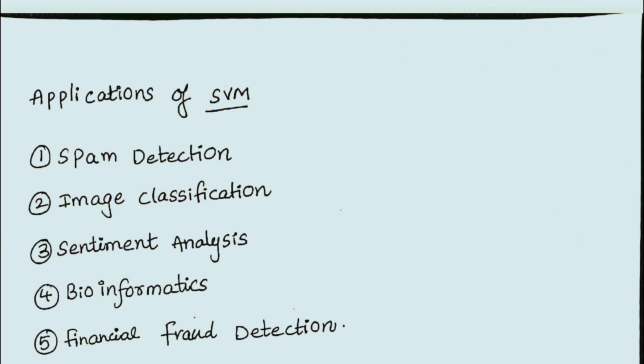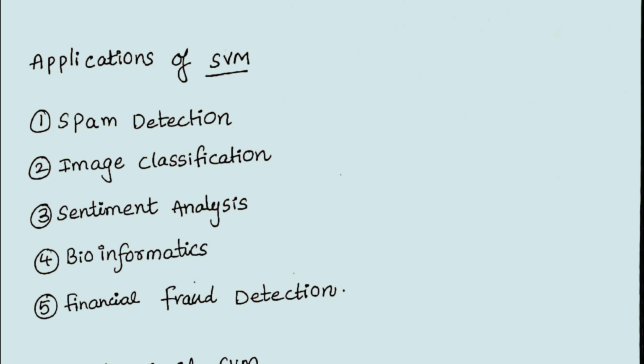So these are called applications of SVM. Spam detection: in order to find whether the mails are spam or not, we are going to use SVM. Image classification, sentiment analysis. So we are going to find the behavior. When we use something like WhatsApp, Facebook or Instagram, you get some comments from others.